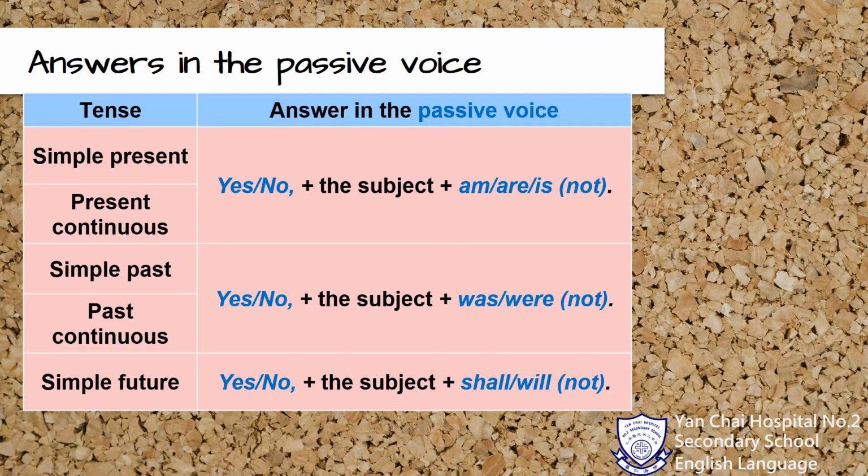For simple past tense and past continuous tense, we have yes or no at the beginning, and then we add the subject, and then we use was or were or was not or were not. For simple future tense, again we have yes or no, and then we add the subject and shall or will or shall not or will not.